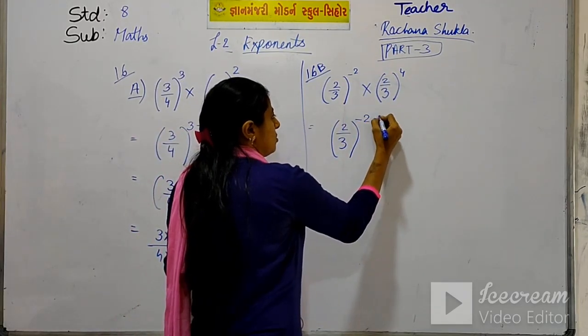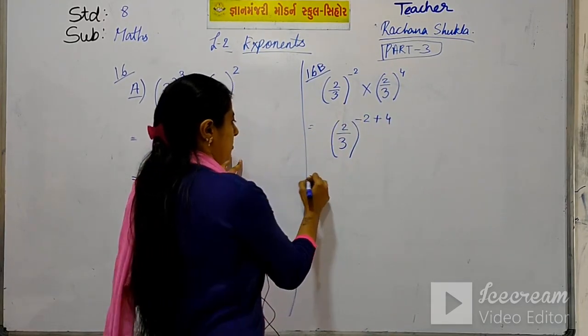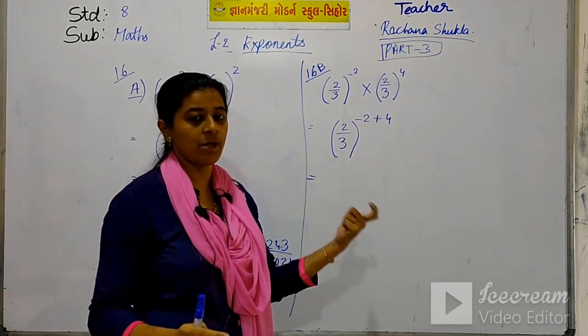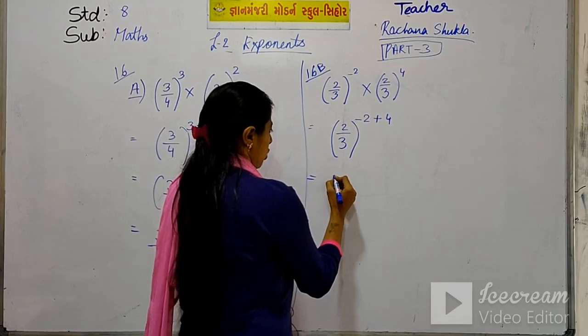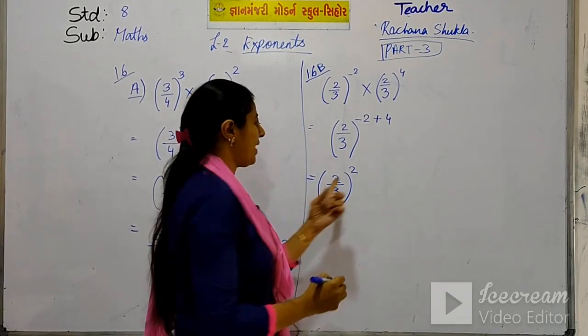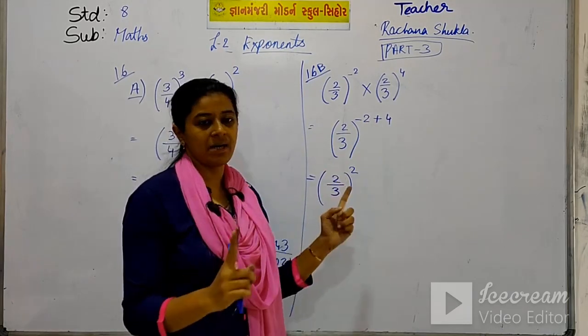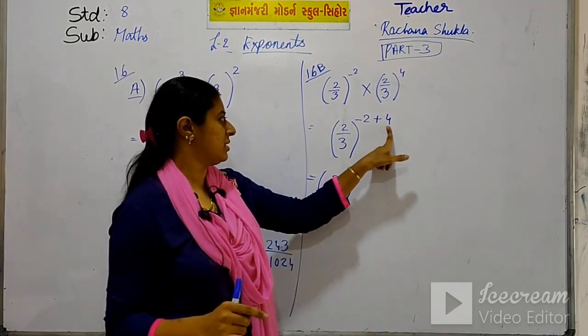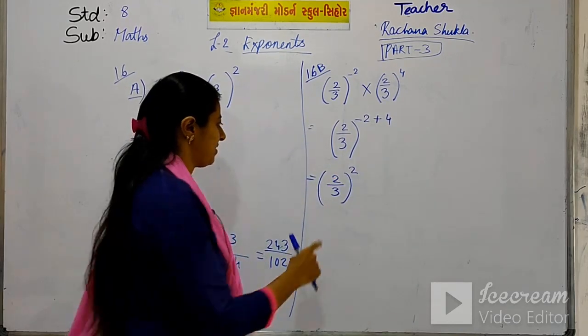So minus 2 plus 4. Now minus plus, but the sign will be of the greater one. Sorry. 2. Why 2? Minus 2 plus 4, that is 4 minus 2, 2. But positive 2 because here plus is with 4.